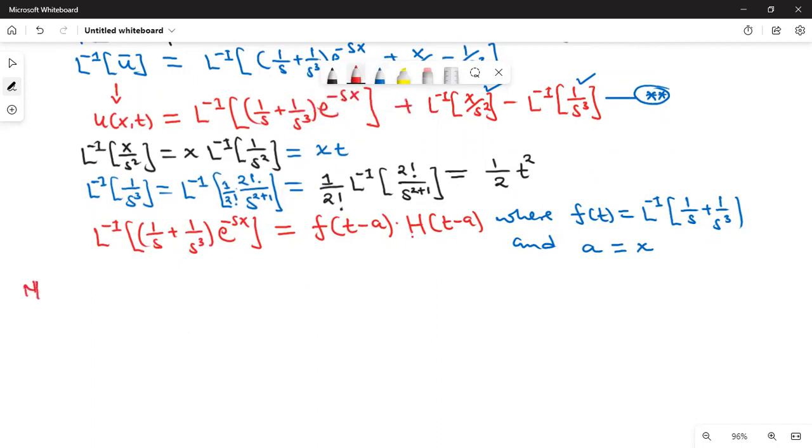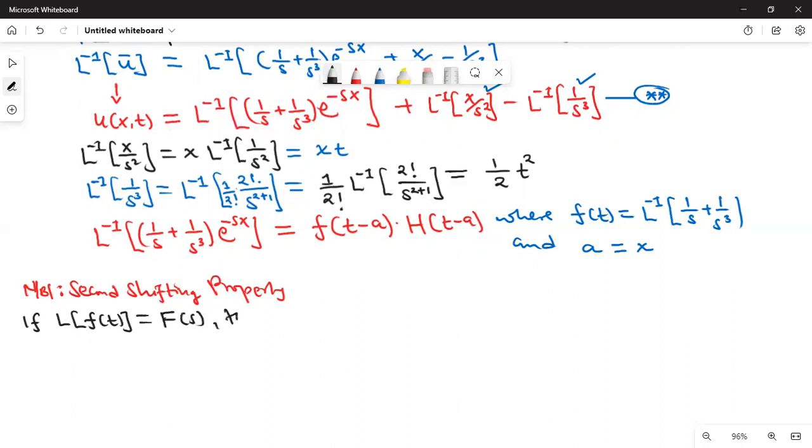It says that if the Laplace transform of f of t is equal to F of s, then the Laplace transform of f of t minus a times h of t minus a should give us F of s times exponential negative a s.